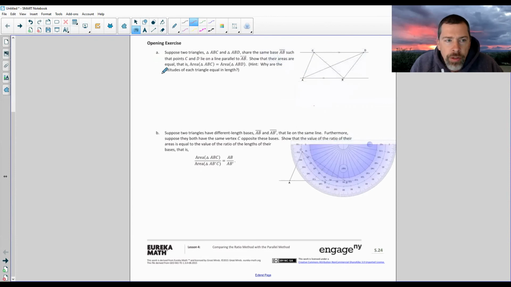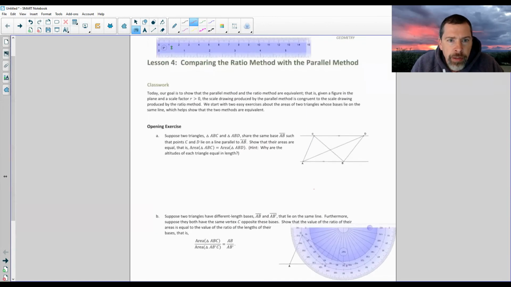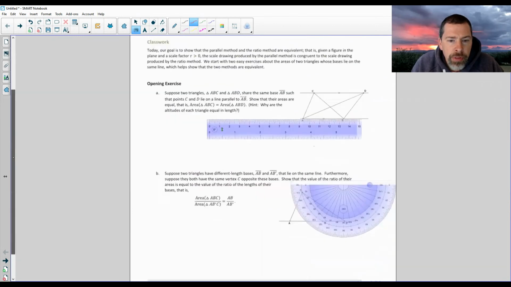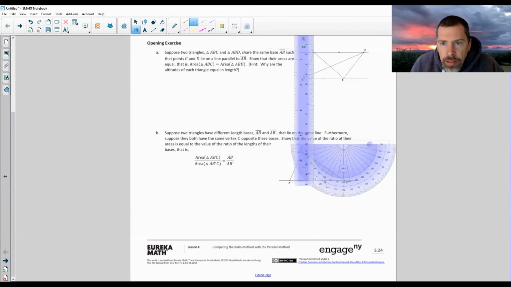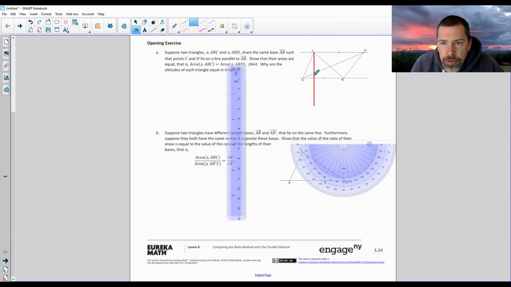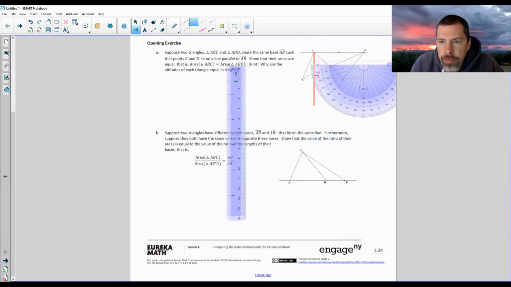Move my protractor out of the way. Go get my ruler, rotate it, align it with the point C and this dot I created with the protractor. And this is a perpendicular line. So this is 90 degrees. I'm now going to repeat that with D. So I'm going to put the crosshair of my protractor right on D like so.